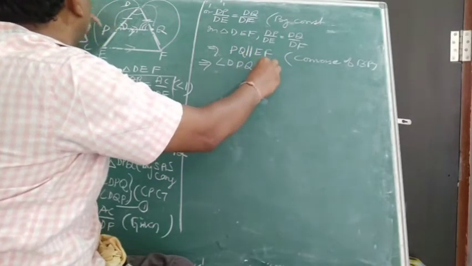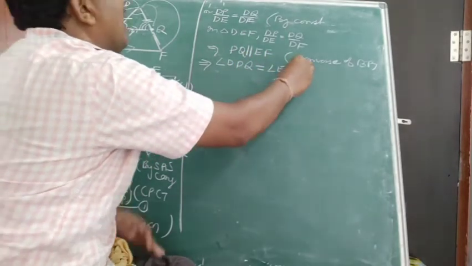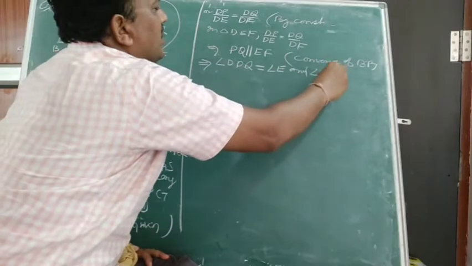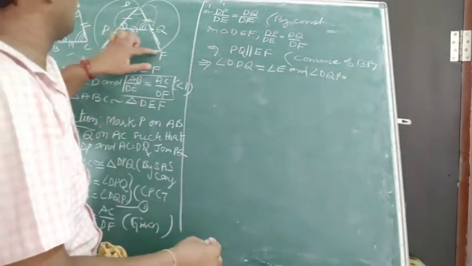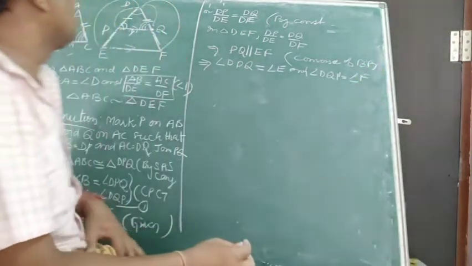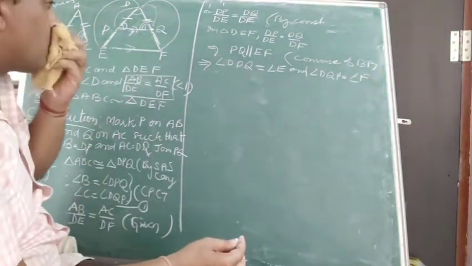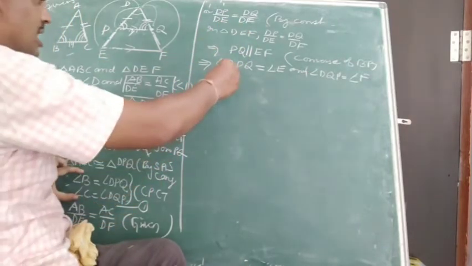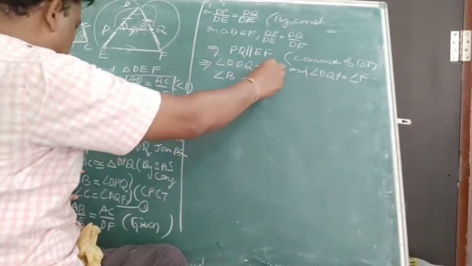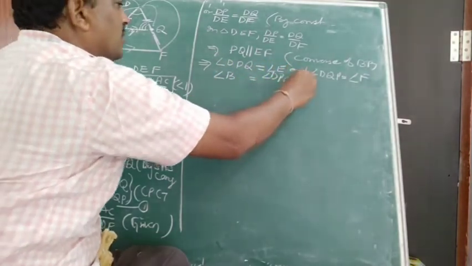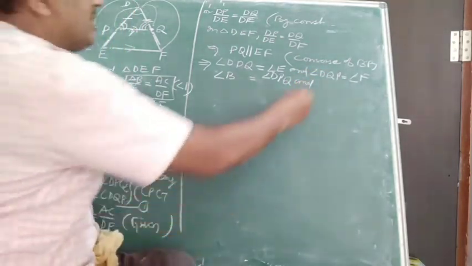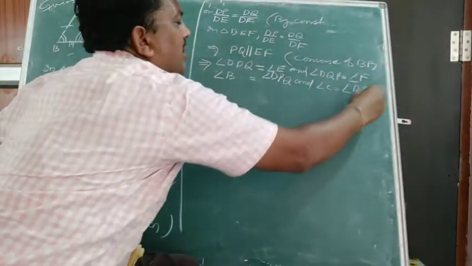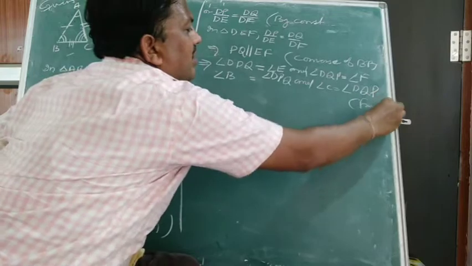So, children, this implies we can say that angle DPQ is equal to angle E, and angle DQP is equal to angle F. So what happened, children, here? It is given here, and here we have got that angle B is equal to angle DPQ and angle C is equal to angle DQP from 1.